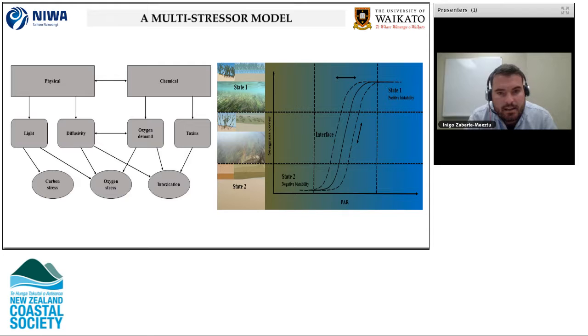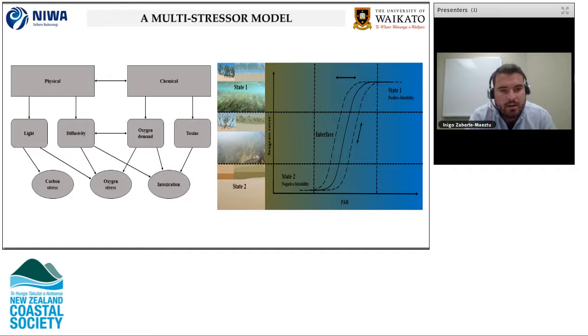So what you can see there in the plot is, on the y-axis, the seagrass cover, and on the x-axis, the photosynthetically available radiation. And a seagrass ecosystem may move from state 1 to state 2. State 1 is the vegetated state where everything is healthy and everything is looking good, and state 2 is the bare and unvegetated ecosystem where seagrass is not present anymore.